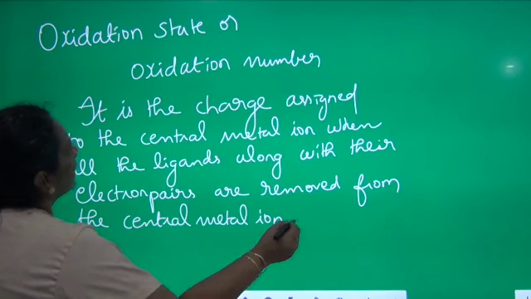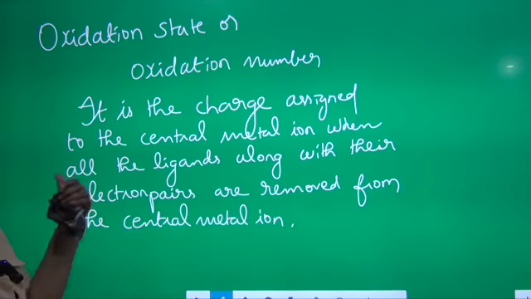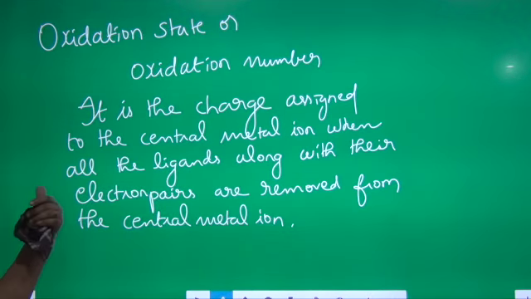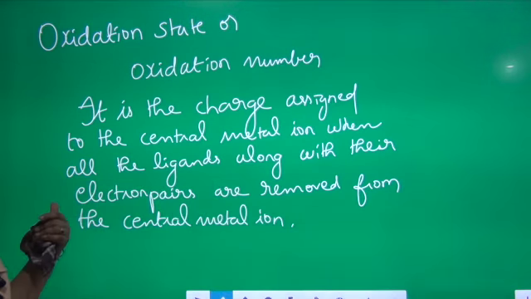So the definition is, it is the charge assigned to the central metal ion when all the ligands along with the electron pairs are removed from the central metal ion.